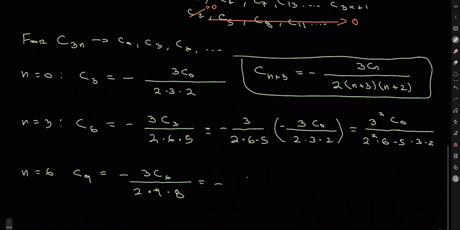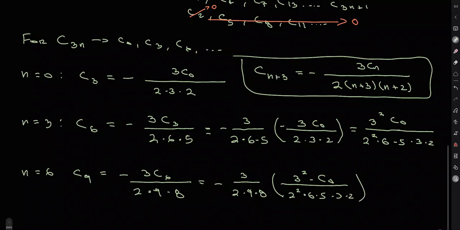That is, negative 3 over 2 times 9 times 8, open parentheses, and write the previous term for c sub 6, which is 3 squared times c sub 0 divided by 2 squared times 6 times 5 times 3 times 2. All right?